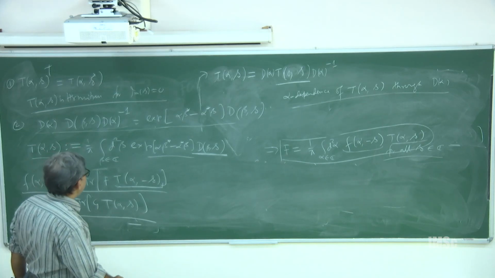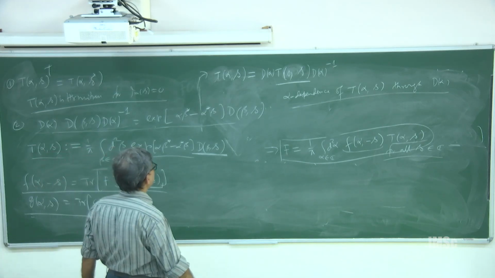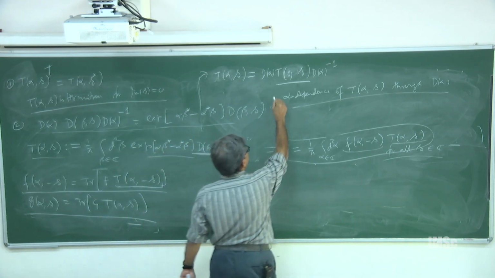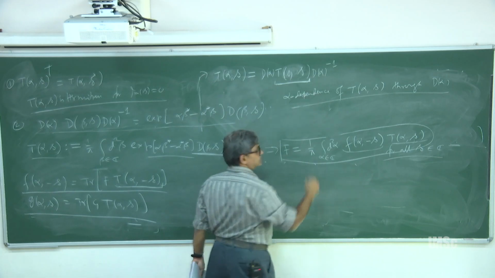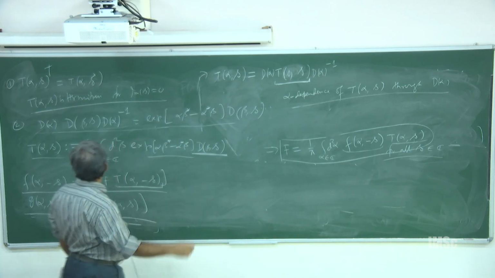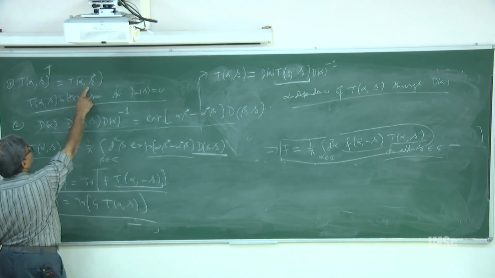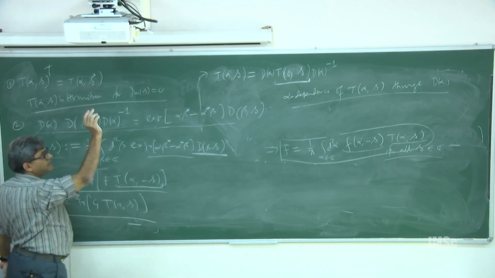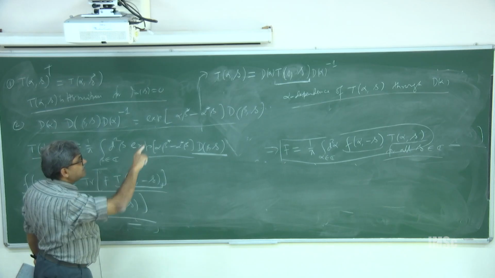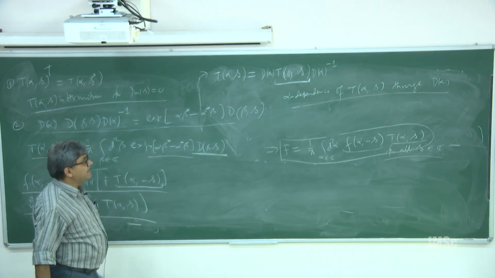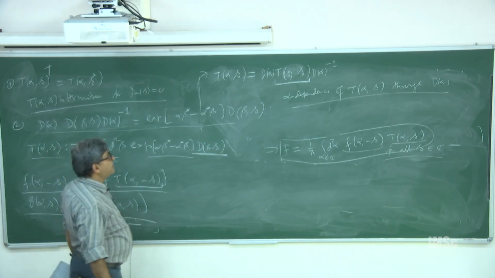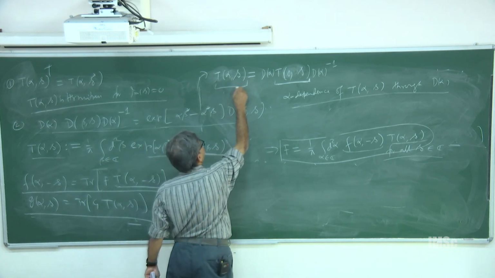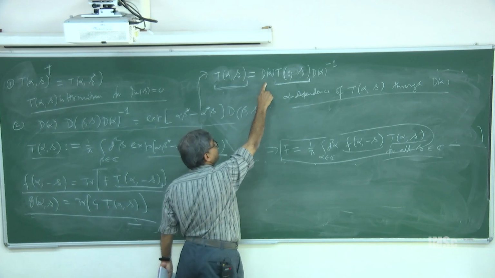Now, we know that for real s this is Hermitian. This is what we discussed here. For real s this is Hermitian, whatever be your value of alpha, because T of 0 s for real s is Hermitian, therefore, for real s this is also Hermitian, because this is a unitary operator.